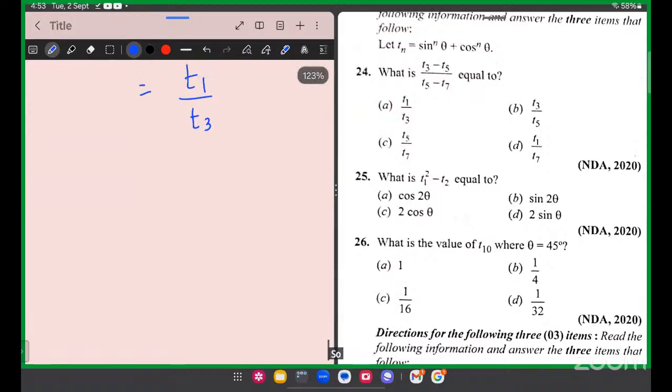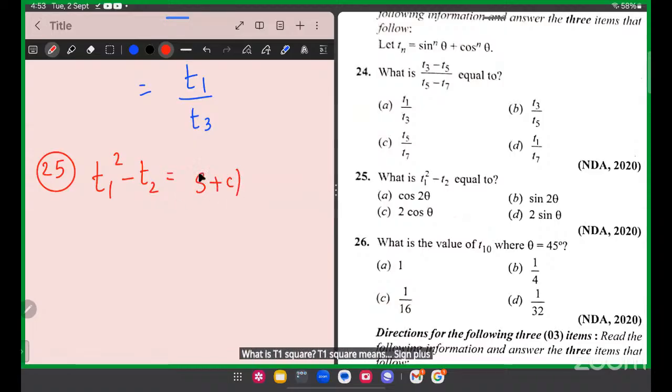So what we have to do in question number 25, T1 square minus T2. What is T1 square? T1 square means sine plus cos whole square minus sine square cos square.